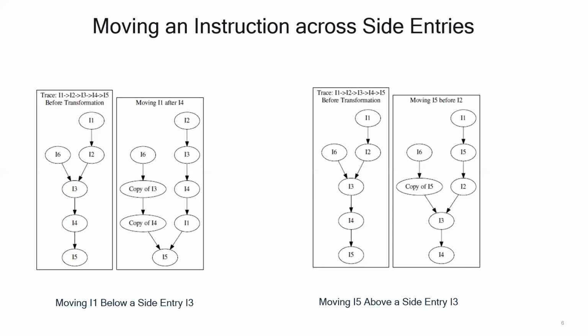In the slide on the screen, on the left-hand side, there is a pair of rectangles. By moving from one side to the next, for example, we moved I4 up the chain. By moving that, the trace length has increased, and thereby we got more opportunities for optimization.